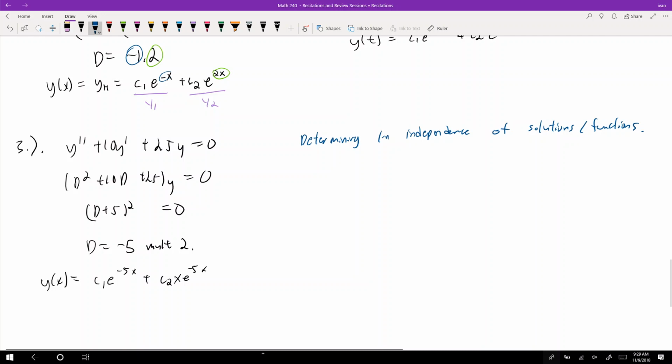If we just had c1 e to the -5x and c2 e to the -5x, it's pretty obvious that they're linearly dependent on each other. But in general, if something was not as obvious, how would we be able to find out? That's where we introduce this thing called the Wronskian. It's like a top 5 best math word you'll learn, the Wronskian.